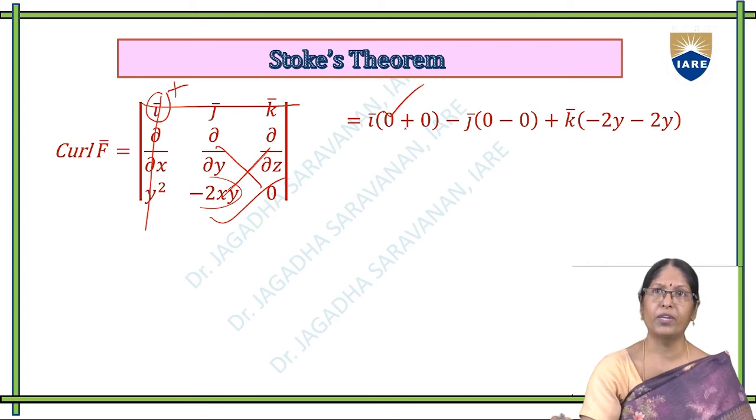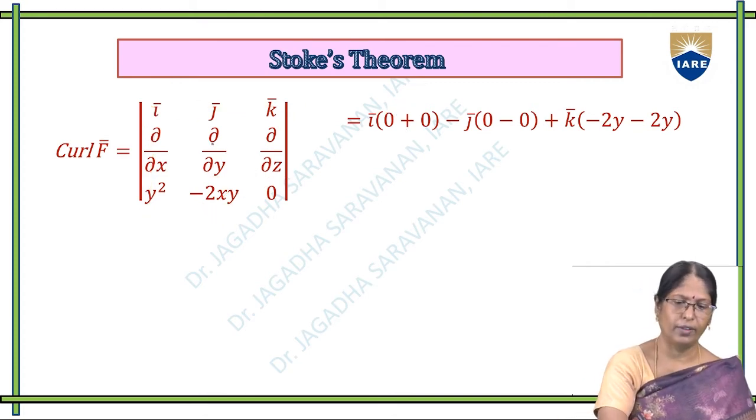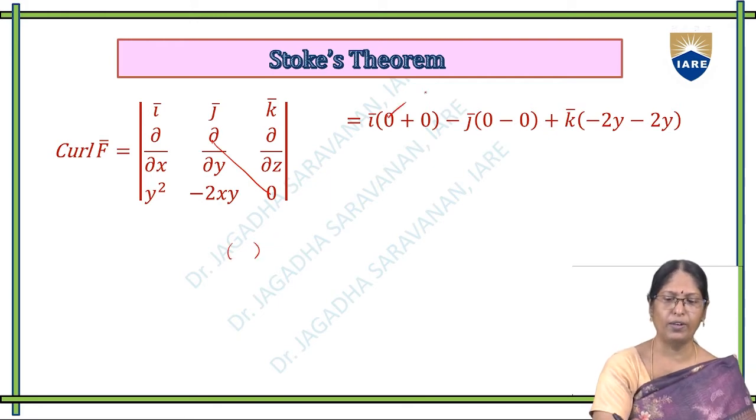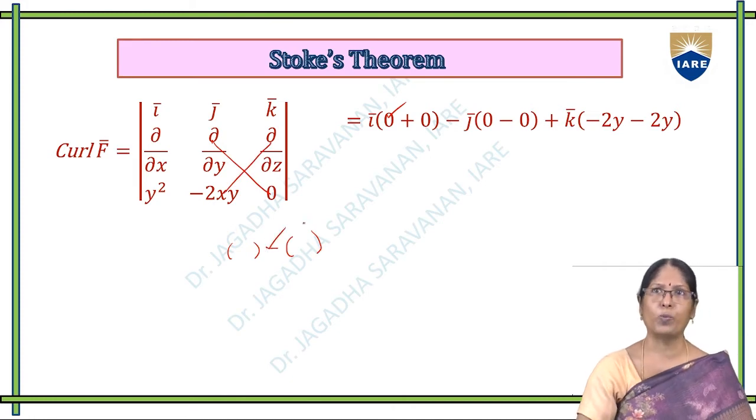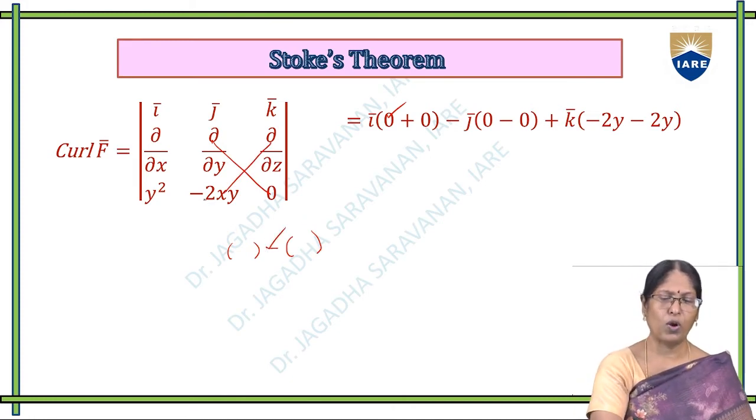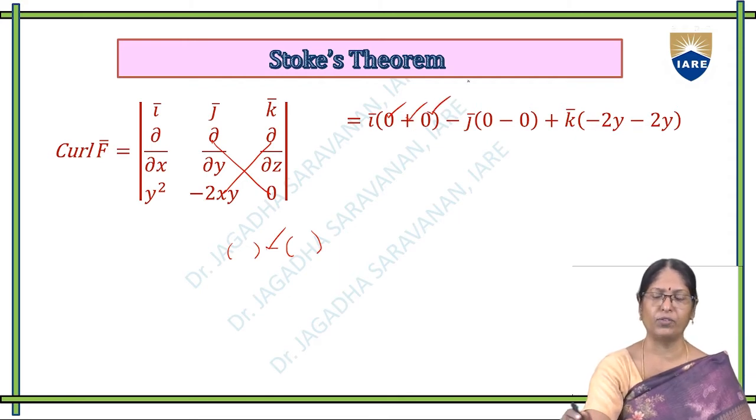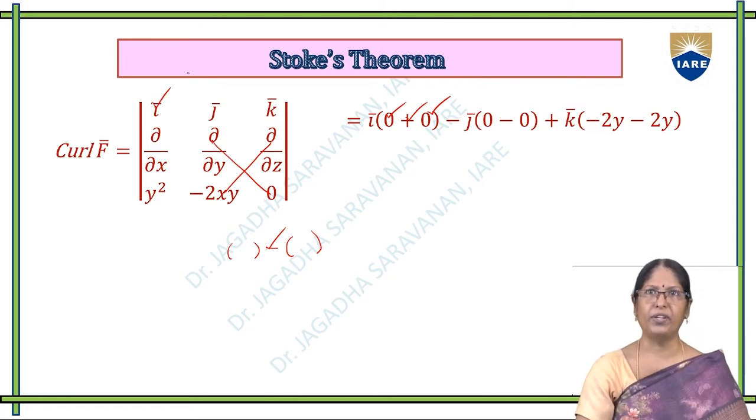How has it become plus? That is, this cross value minus this cross value, as the formula has minus. Here we got 0, so minus into minus has become plus 0. So regarding this we completed.